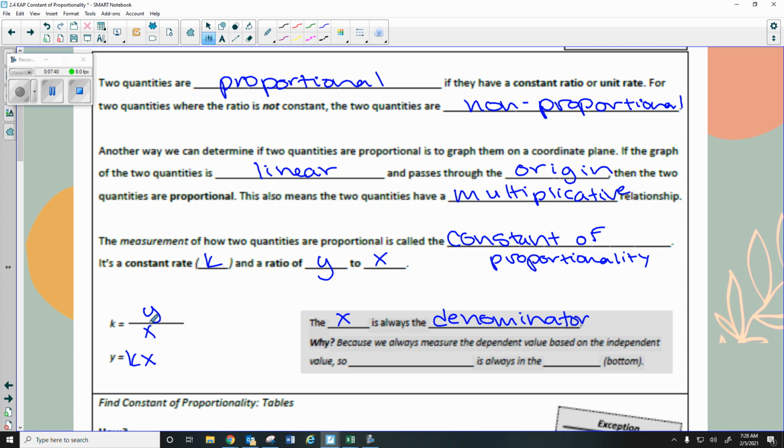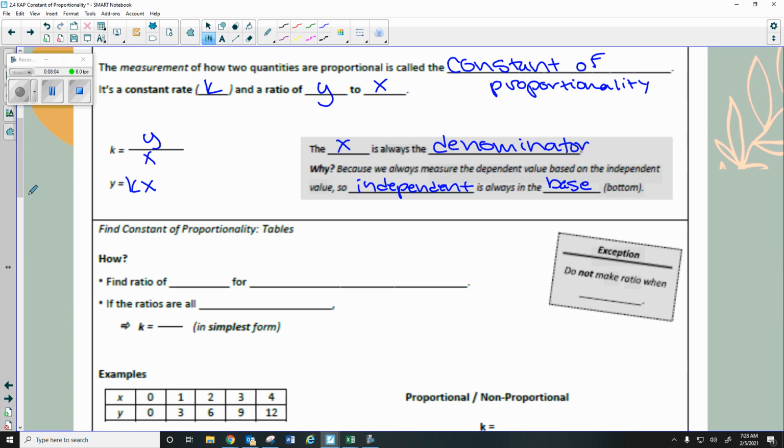We want to see how that affects y. Okay, this depends on this, so we want to see what kind of effect that has. That's why it's up top, because we always measure the dependent value based on the independent. So the independent is always the base. Why is it y over x?